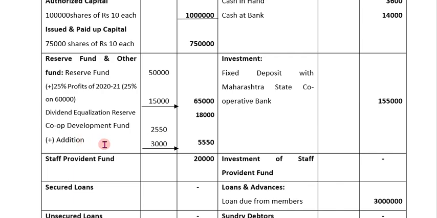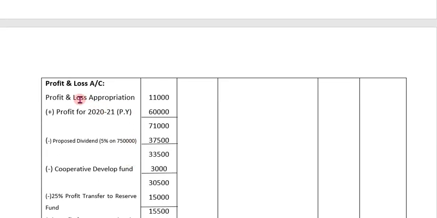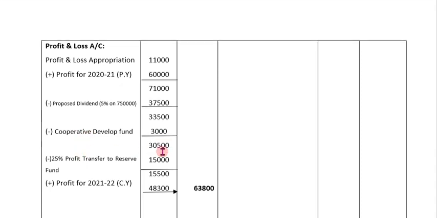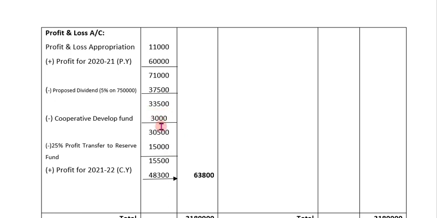In this we did the addition of 3000. The second effect of this 3000 comes in profit and loss appropriation. Over there you added, now here you have to reduce 3000 rupees. So 33,500 minus 3000, the remaining balance is 30,500.